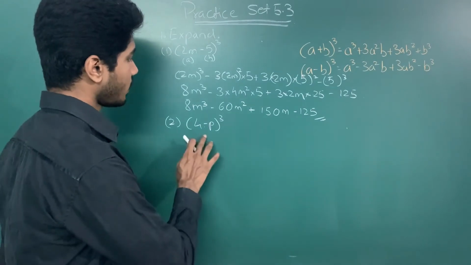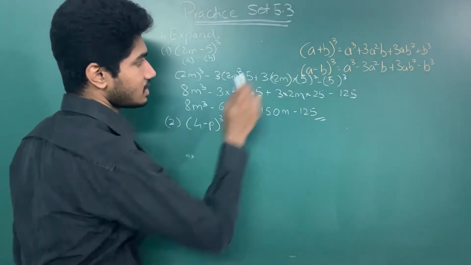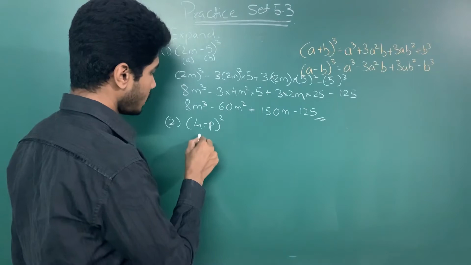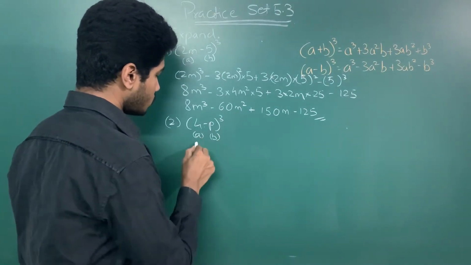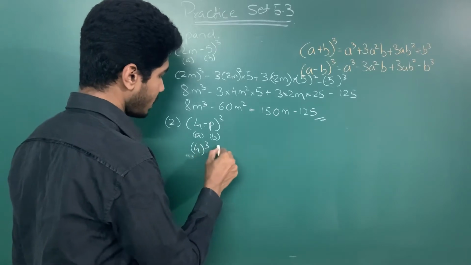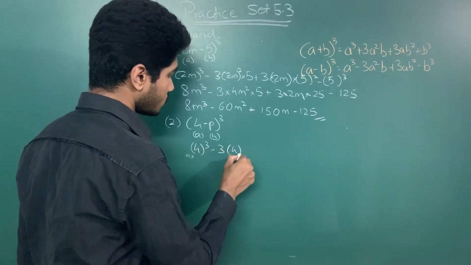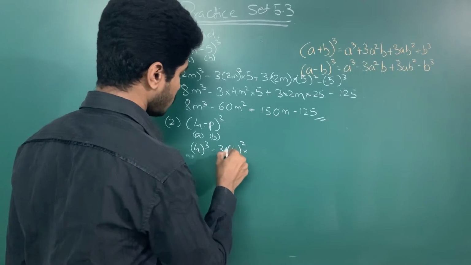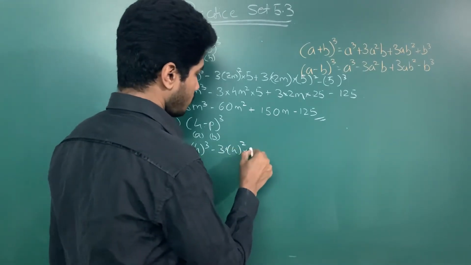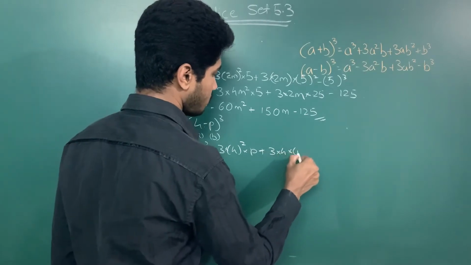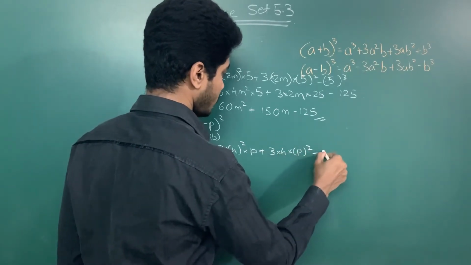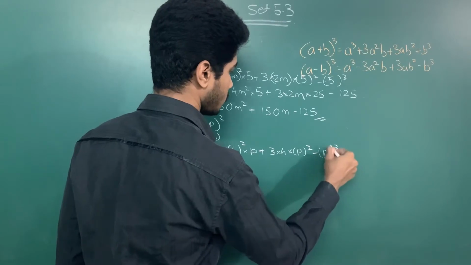Second sum, (4 minus p) the whole cube. Let's apply the second formula. So यहाँ पे 4 will be your a and p will be your b. So 4 the whole cube minus 3 into 4 square into p, plus 3 into 4 into p the whole square, minus p the whole cube.